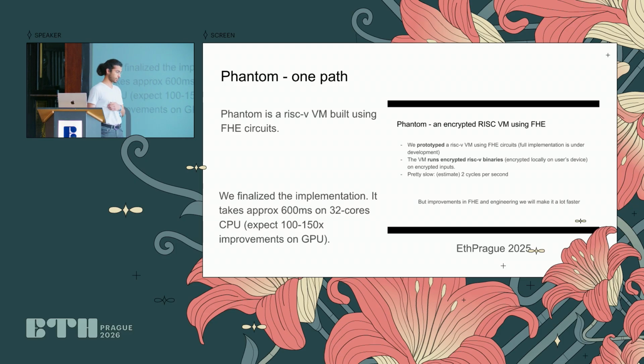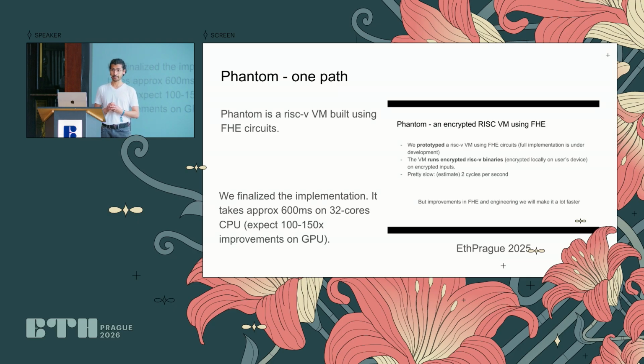So the first path that we started to explore to build this encrypted computer was Phantom. You can think of Phantom as a RISC-V virtual machine that is built using FHE circuits. And in EthPrague 2025, I introduced Phantom as a prototype.